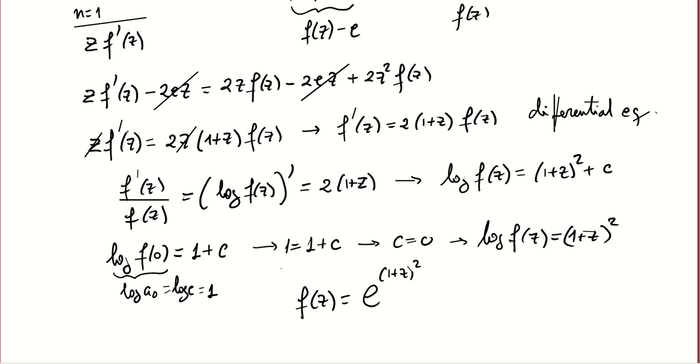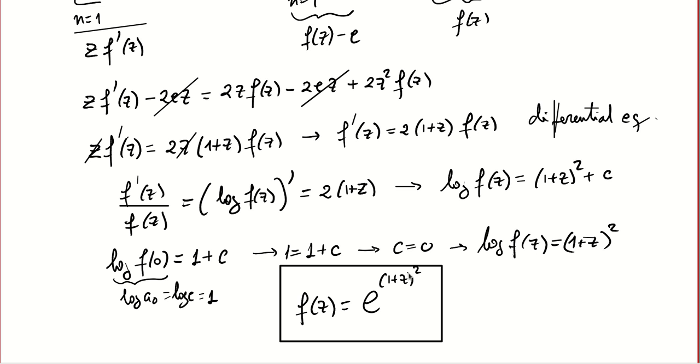This function is the generating function of our sequence, right? Another question is how to extract the coefficients from this, and this can be problematic, right? This is not a function whose expansion is easy to figure out, so it's something that you have to apply more effort to.